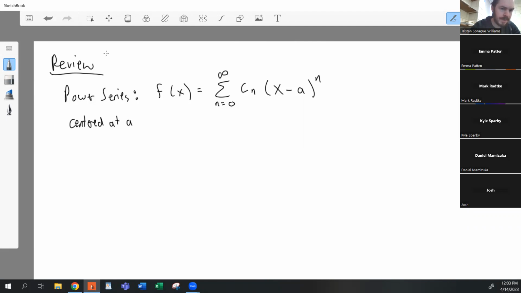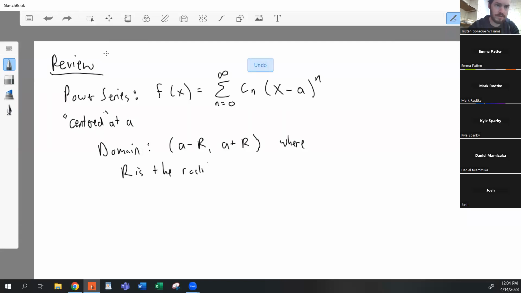Centered at a. And the reason it's called centered is because the domain of a power series is always going to be like a minus r to a plus r, where r is the radius of convergence.